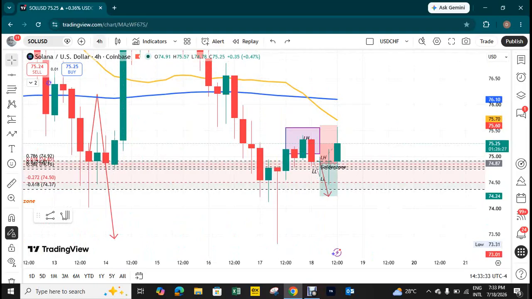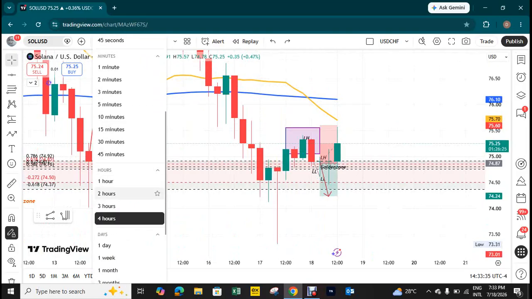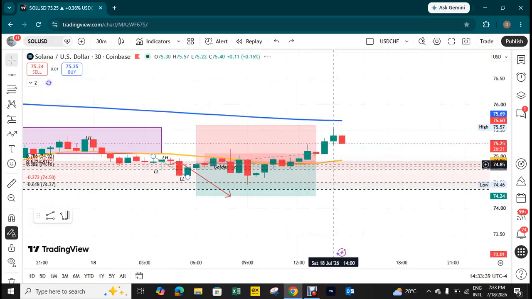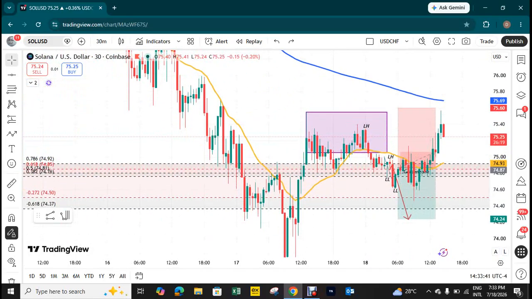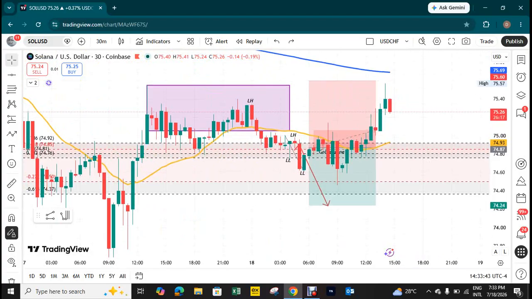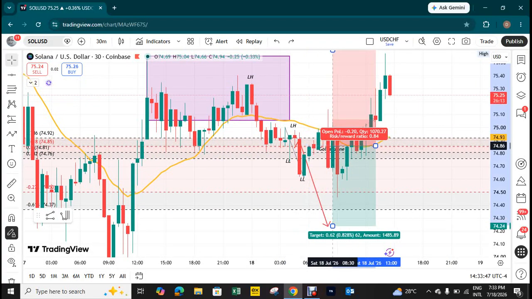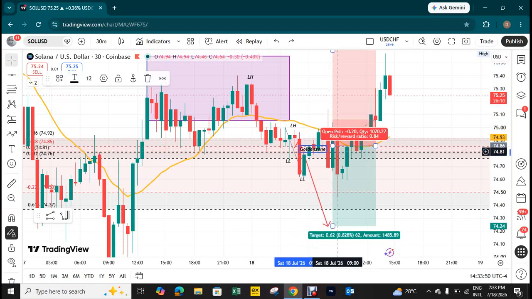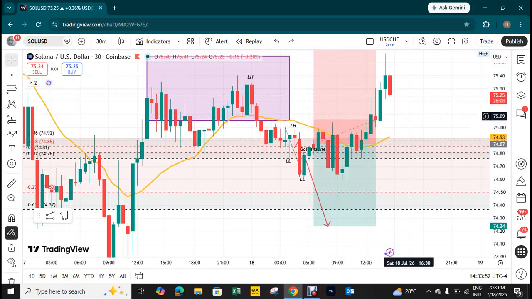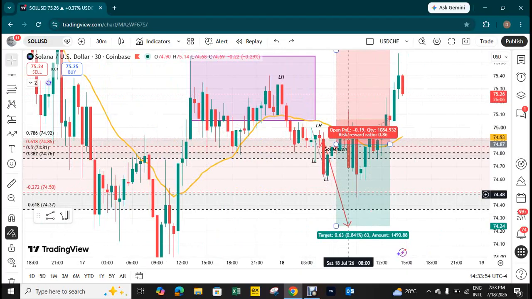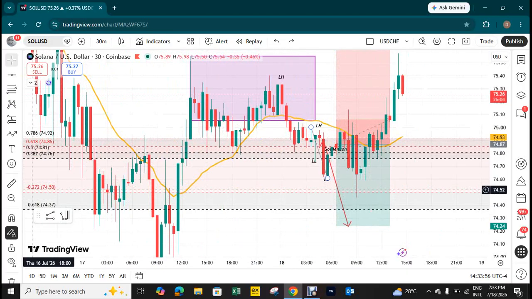So let's look at what is happening here. In the morning I gave this on my platform, on WhatsApp. I gave an entry towards the downside. If you're on my channel on WhatsApp, you can see I said price was going to come into the golden zone, which was this area here. We can see price went towards that area, and price came towards the 0.2782. That area was our TP2 area actually.